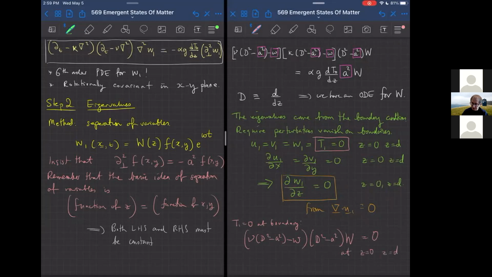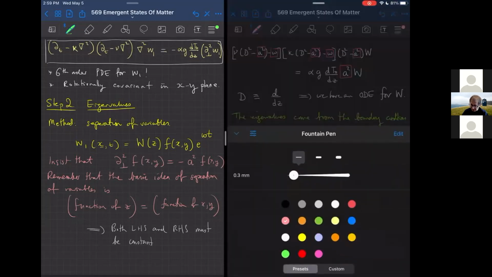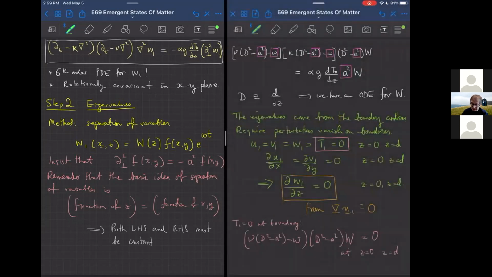So this is the boundary condition for the function that we actually care about, this function W over here. We know the boundary condition for W1, but we didn't know what the boundary condition for big W is, and now we've found it, and it's what I've written down on the right-hand page.